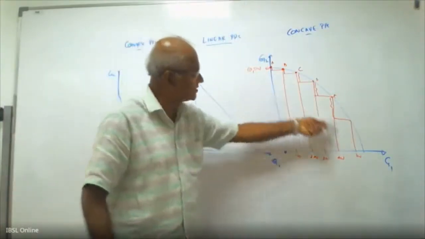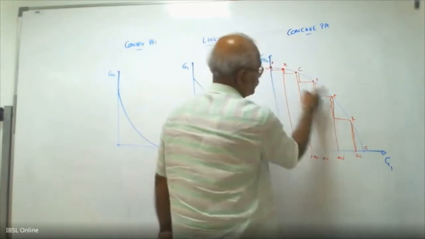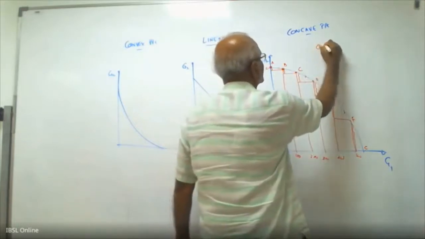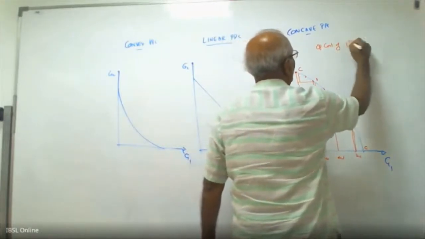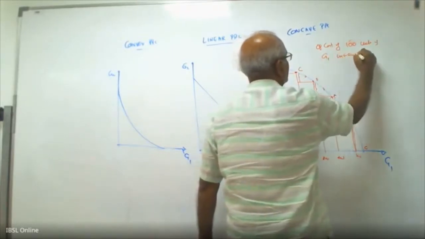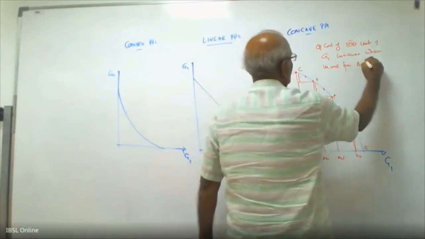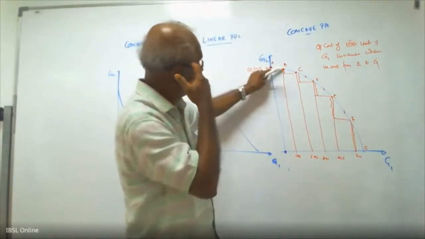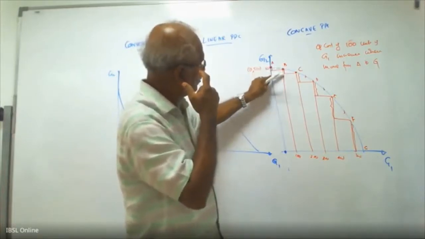So opportunity cost increases when you move from A to C. The cost of 100 units of good 1 increases when you move from A to G. Opportunity cost of the first 100 units; you move from A to B; good 1 increases, but you have to cut down more for the second 100, and the third 100 units.